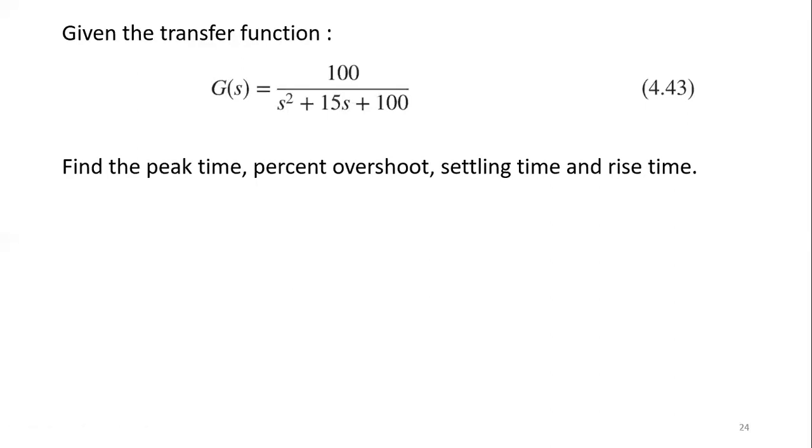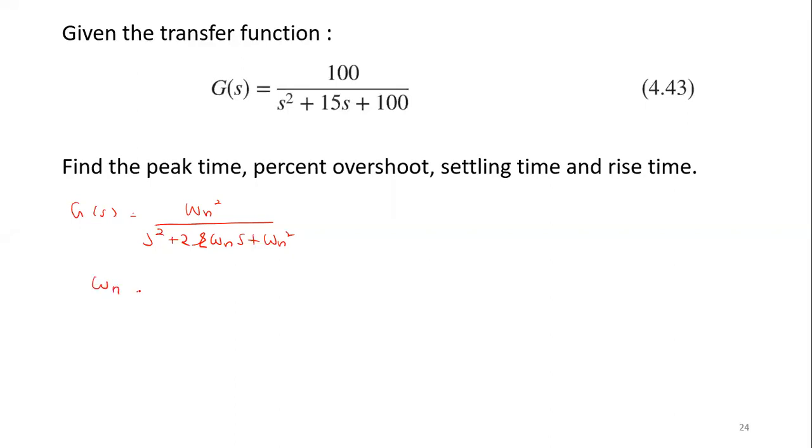Given the transfer function, you have a system with transfer function 100 over s squared plus 15s plus 100. Find the peak time, percent overshoot, settling time, and rise time. From this, you know that in general, the system is in the form of natural frequency squared over s squared plus 2 times damping ratio times natural frequency s plus natural frequency squared.